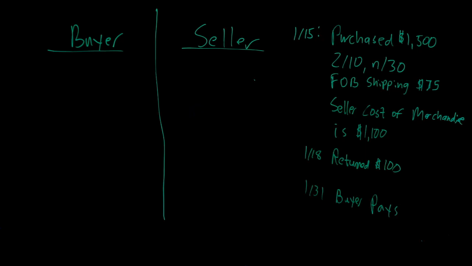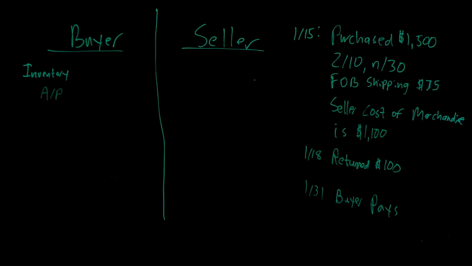So let's record this transaction for the 15th. Let's start on the buyer side. What did the buyer actually purchase? They bought inventory, so we're going to debit inventory. And then how are they paying for this inventory? Well, their payment terms, they're going to pay it later. So paying it later signals accounts payable.